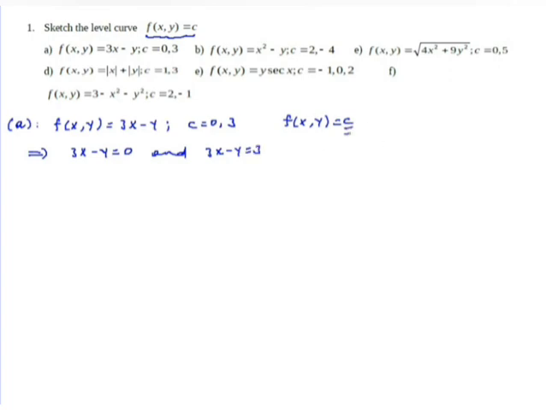Okay, በሲ ቦታ 0 እና 3 እያስገባን እናያለን። So this means 3x is equals to y and 3x minus 3 is equals to y ነው የሚሆነው። ኦኬ ይሄንን ኦብዘርቭ እናድርግ። y is equals to 3x እና y is equals to 3x minus 3 ነው የሚሆነው ማለት ነው። ሶ ምን አይነት ሌቭል ከርቭ ነው የሚሆነው?